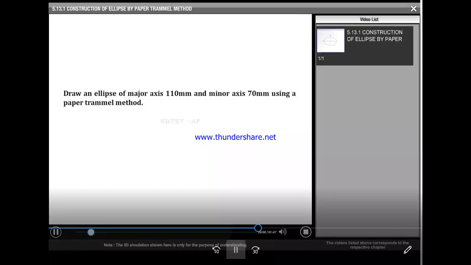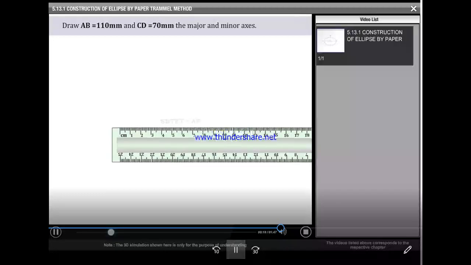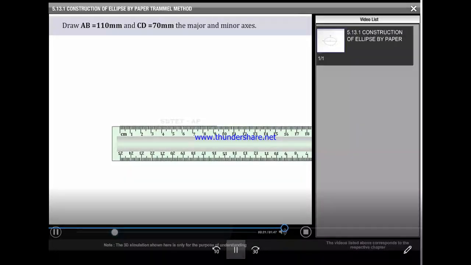Draw an ellipse of major axis 110 mm and minor axis 70 mm using the paper trammel method. Draw AB equal to 110 mm and CD equal to 70 mm, the major and minor axis.